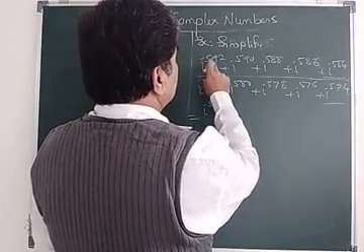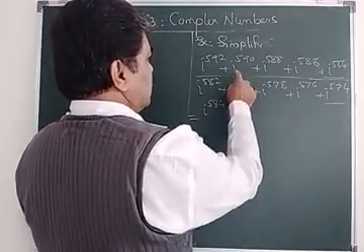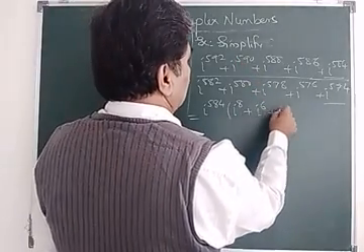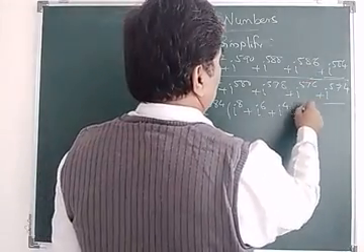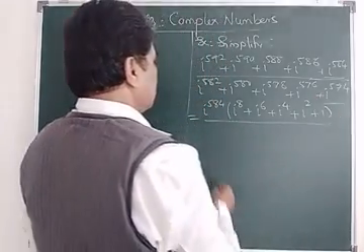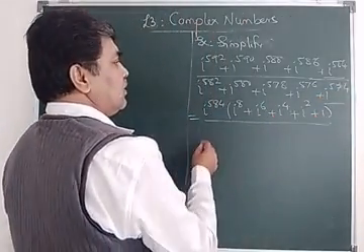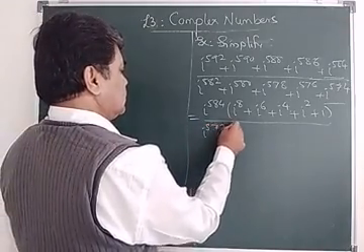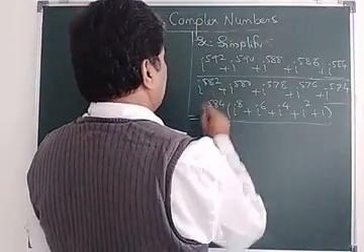By law of indices, this remains i raised to 8, this is your i raised to 6, this is your i raised to 4, this is your i raised to 2, and this is 1. Upon this, again from this we will take i raised to 572 outside. We will get again plus 8 gives us 582.